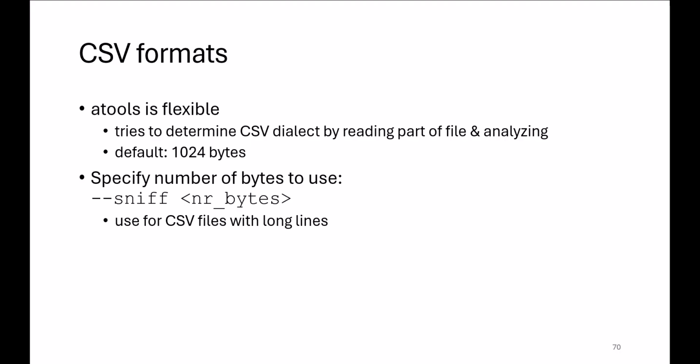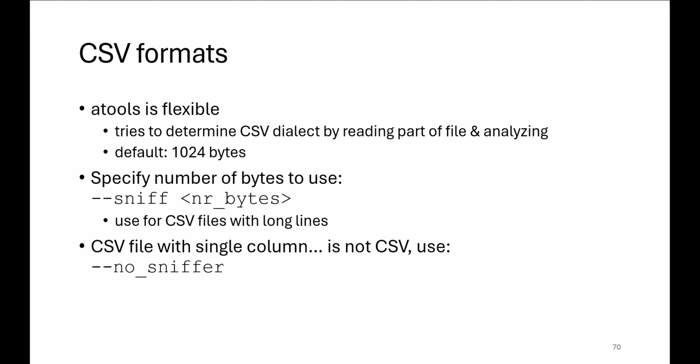So you can do that explicitly by using the --sniff option and the number of bytes you actually want to use to determine that dialect. For CSV files with a single column, which are actually not CSV, just use --no_sniffer and everything will proceed as you would expect.